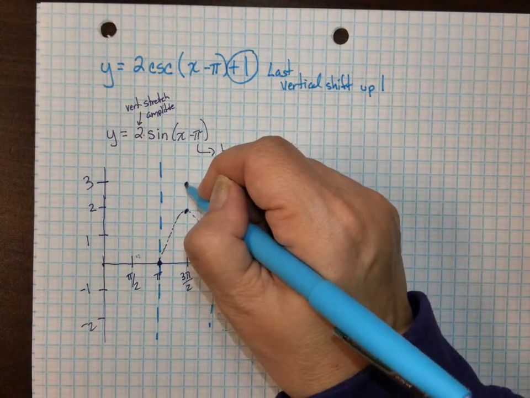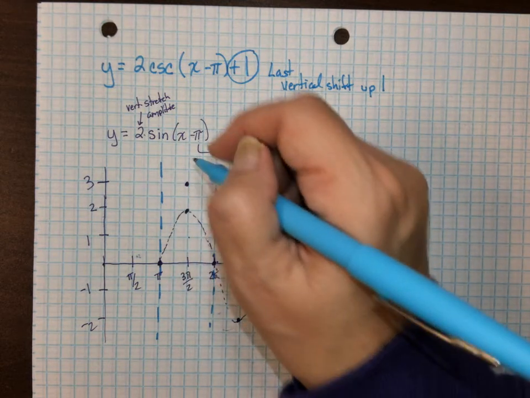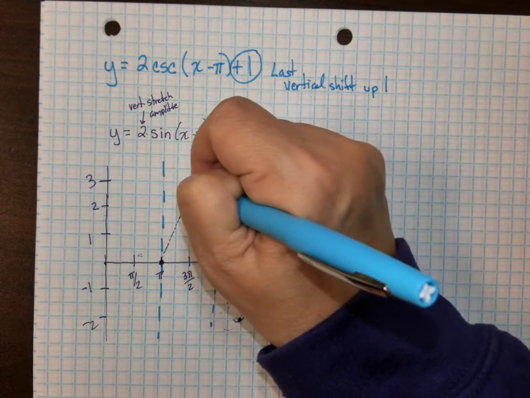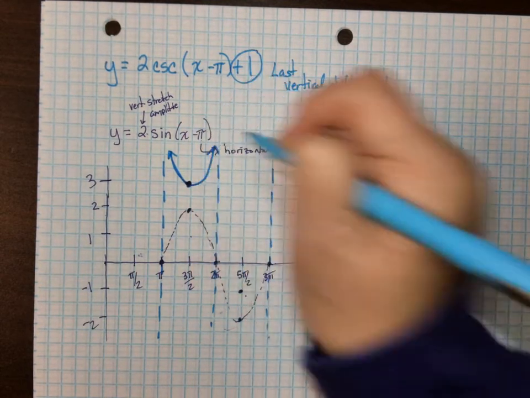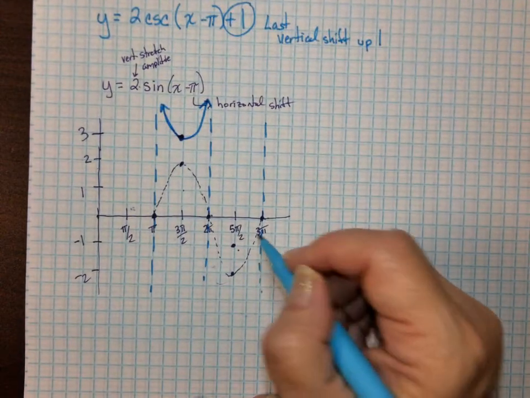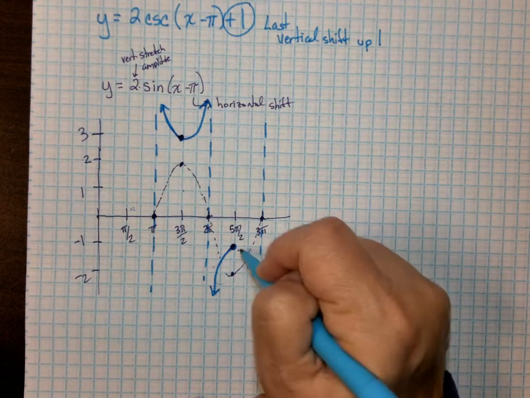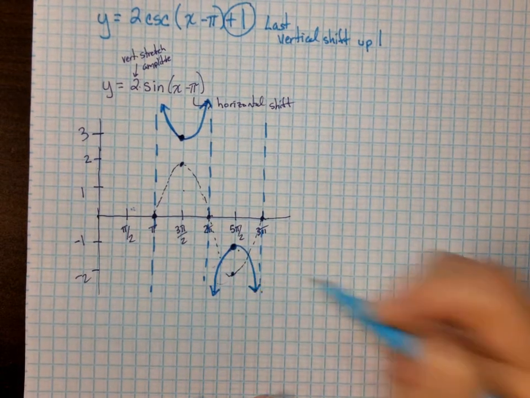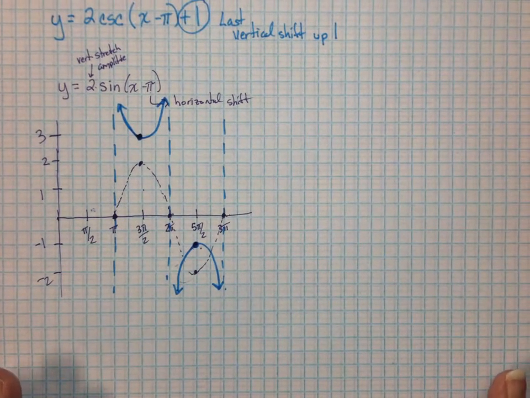And then I know this maximum value for sine. I know that cosecant shares that point, and then cosecant goes this way, towards the asymptotes. And then I know that over here, cosecant shares this point and goes down towards those asymptotes. So now I've accomplished making my graph.